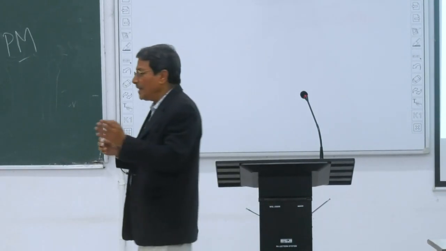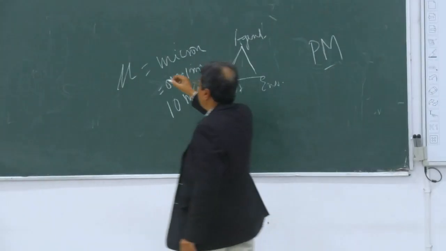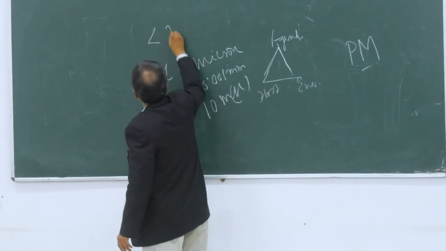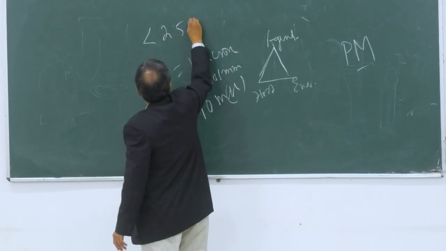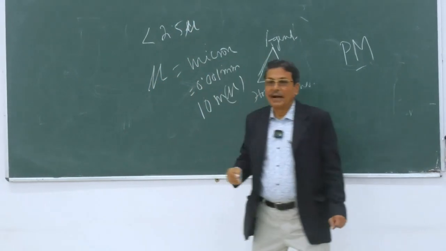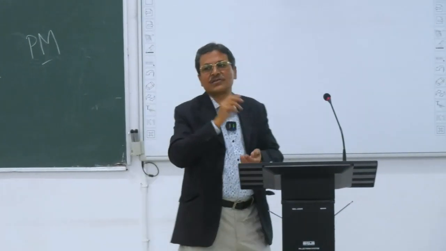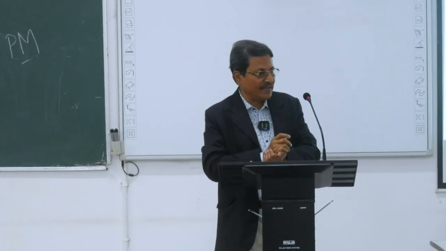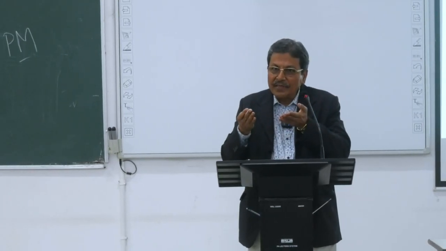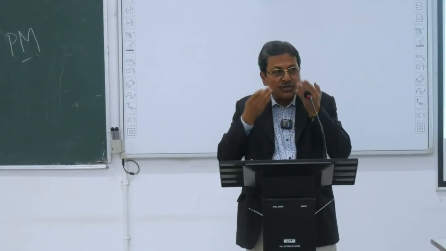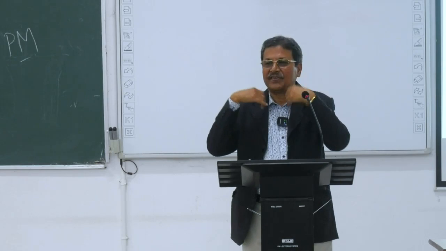And usually particulate matter less than 2.5 micron enters your alveolus. These are the most dangerous.